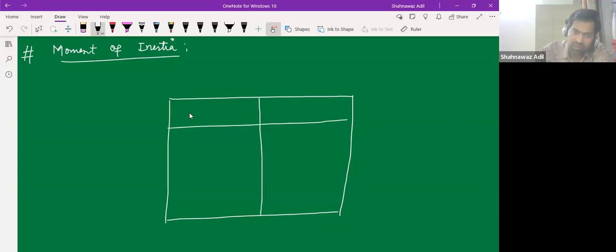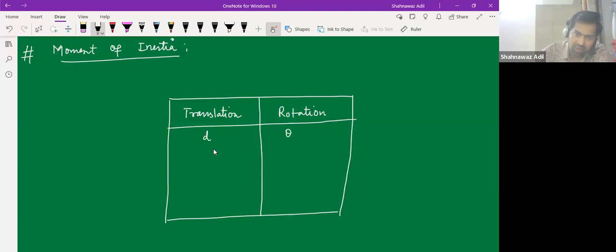So we have translation motion and we have rotation. We have displacement and here we have angular displacement, right?